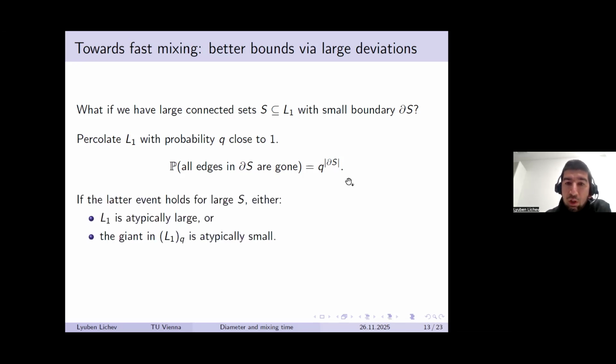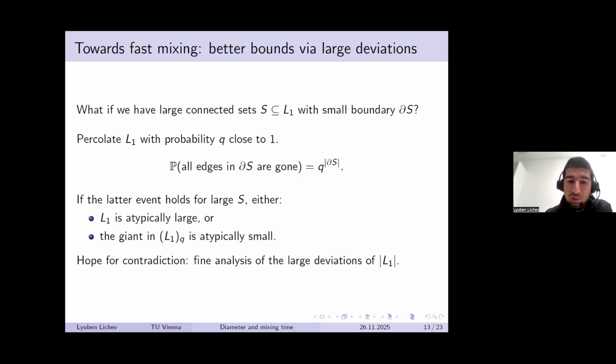Let's imagine that this happened for some large connected set. This means that either our giant component before was atypically large, or our giant component after is atypically small. You have a large piece, you take it out of your giant. So either you are very big before, or you are very small after taking out this large piece.